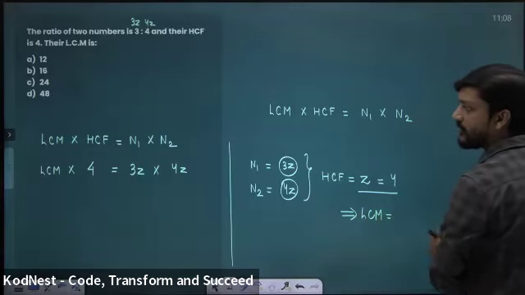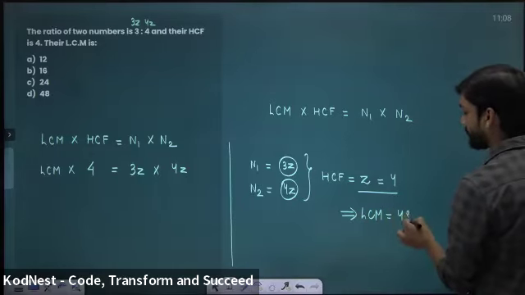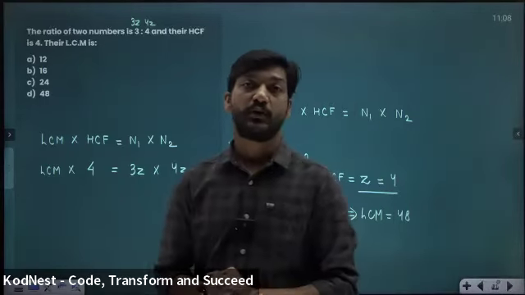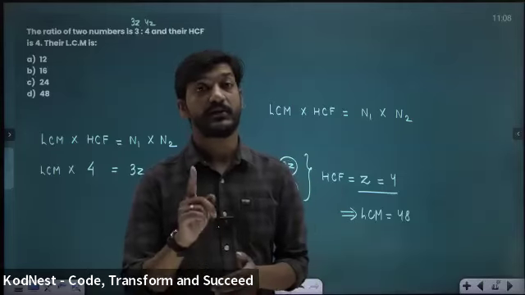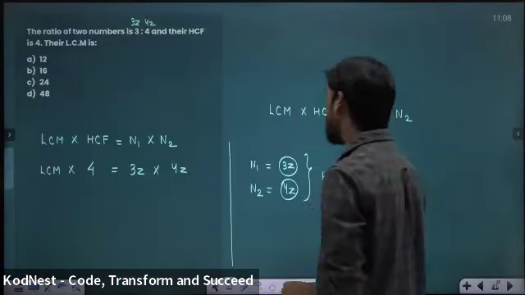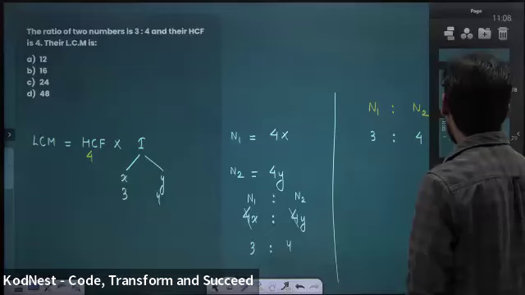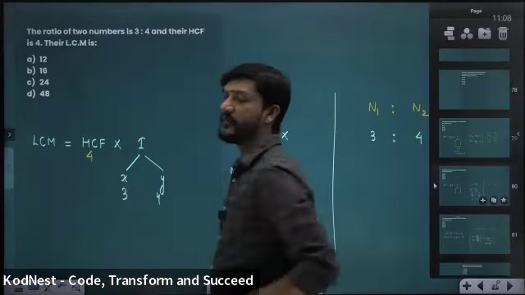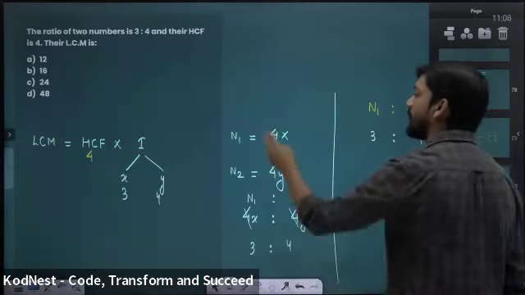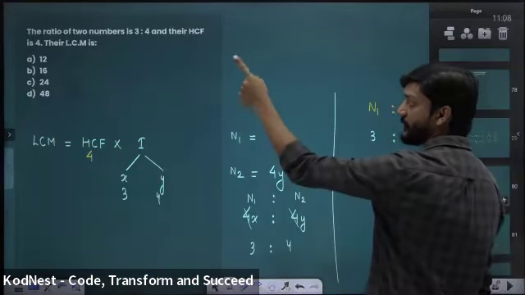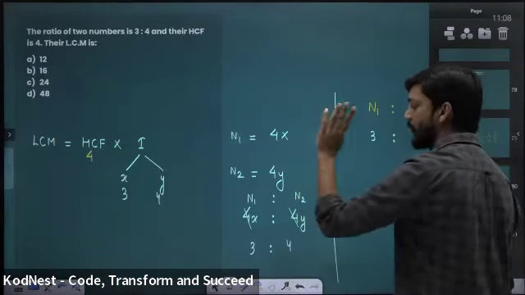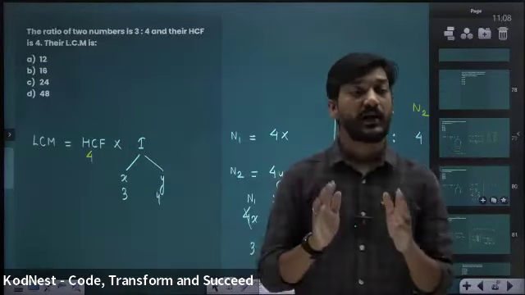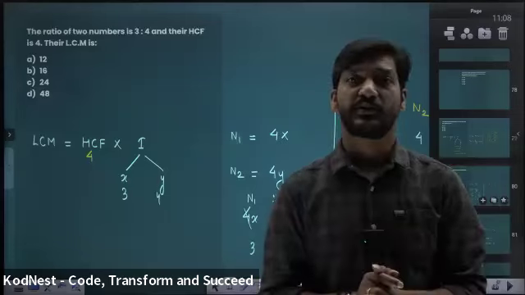Okay. So many things we have discussed about this. The first thing was LCM into HCF is equal to N1 into N2. The second was LCM is a multiple of HCF, so LCM equals HCF into integer. The third thing was that if HCF is 4, numbers will be 4x, 4y, or numbers will be HCF into x, HCF into y, where x and y are co-primes.